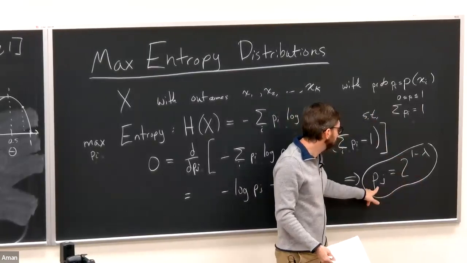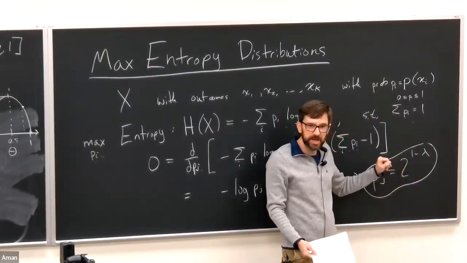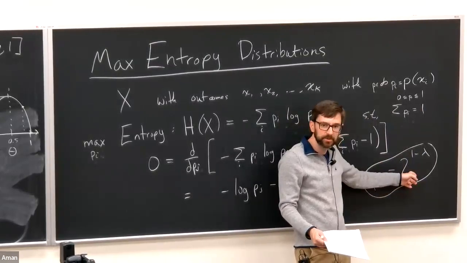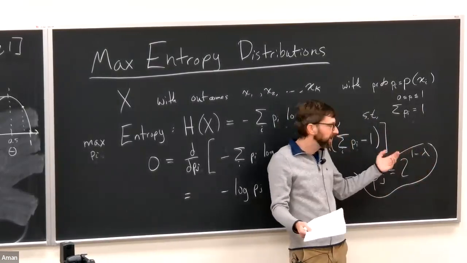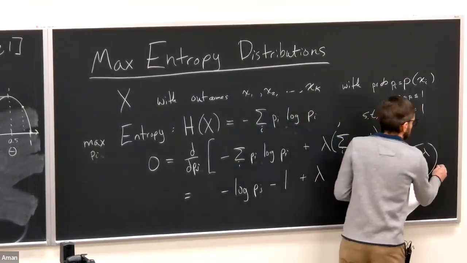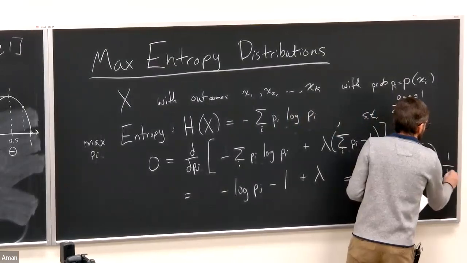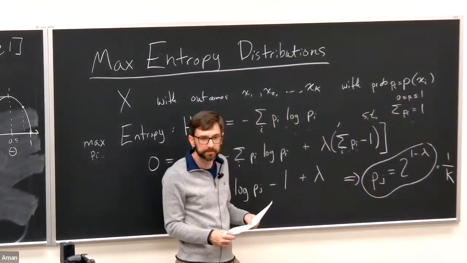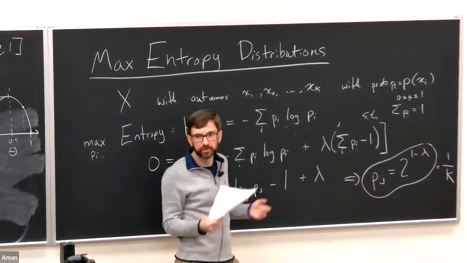And notice that pj doesn't change with j. So all the pj's, doesn't matter what j is, have the same value. So the only lambda that works here is the lambda that makes 2 to the 1 minus lambda equal to the constant 1/k, which is what k times sums up to 1. Again, uniform distribution.